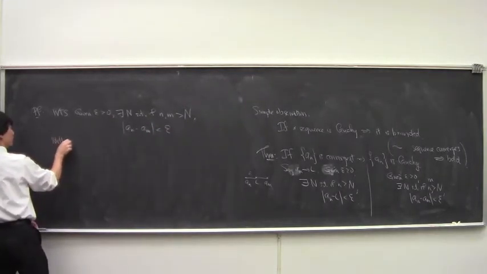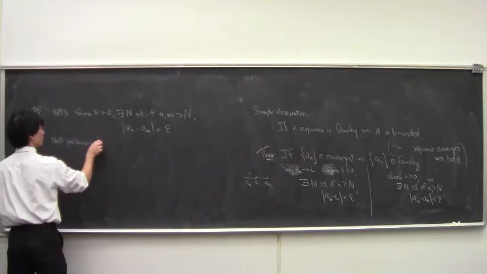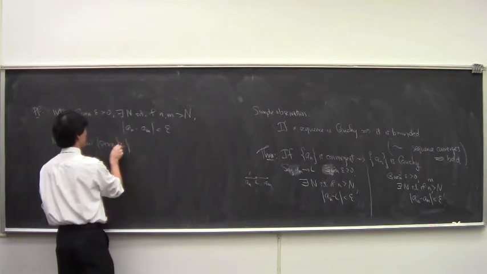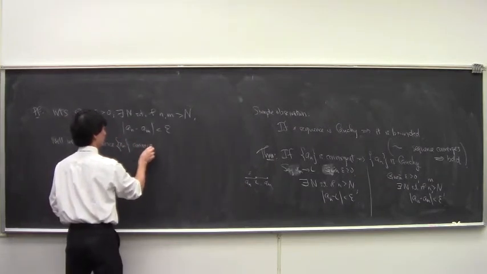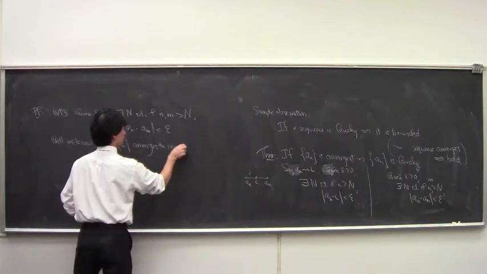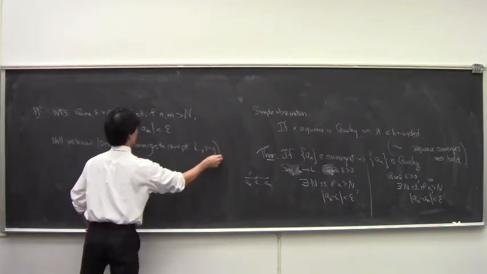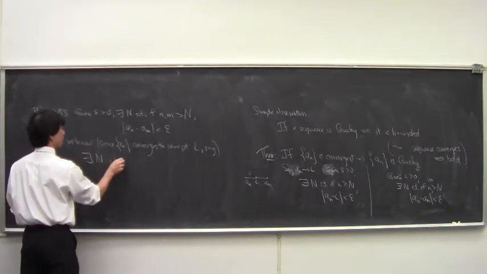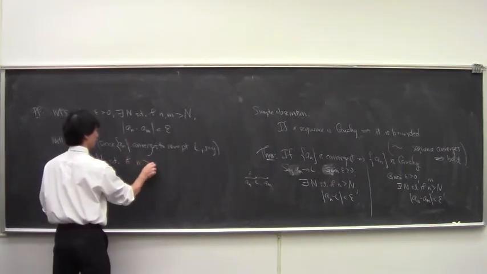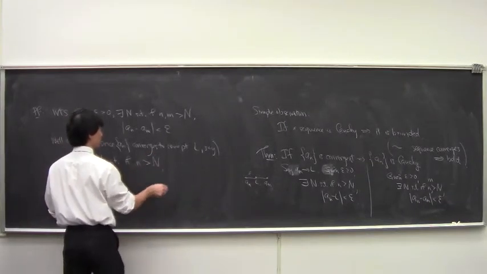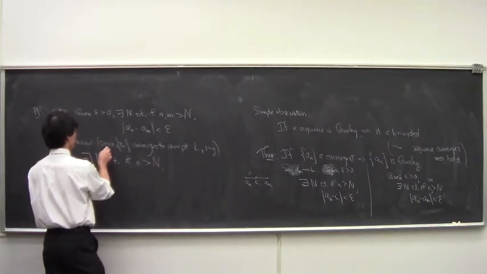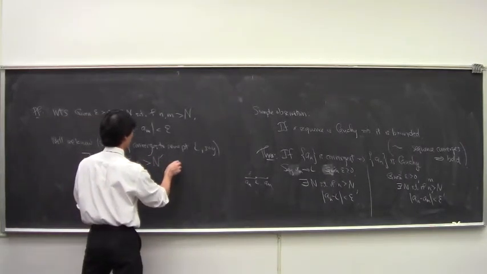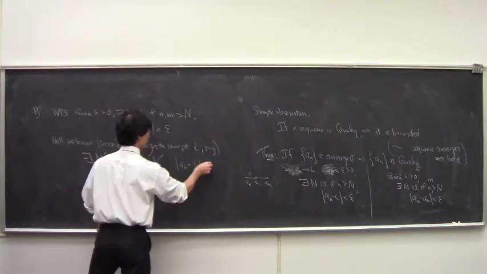Well, since a_n converges to some point L, there exists a time, let's call it n prime, such that if n exceeds n prime, |a_n minus L| is less than epsilon over 2.